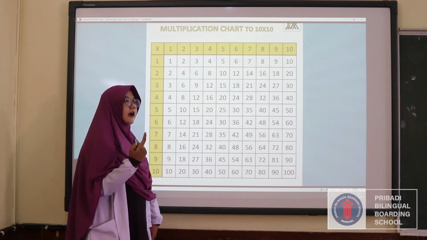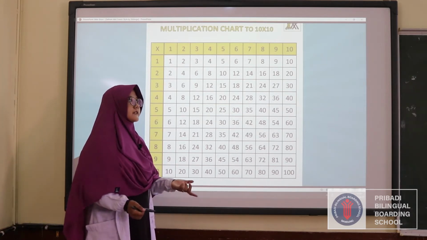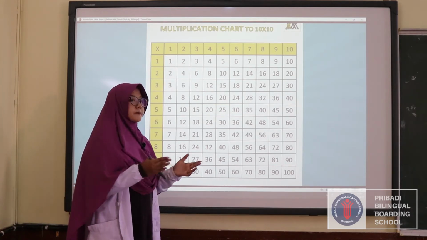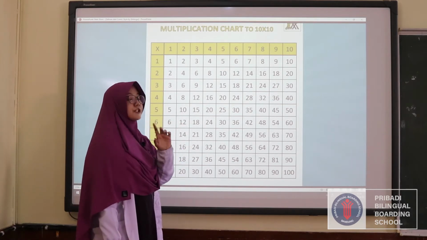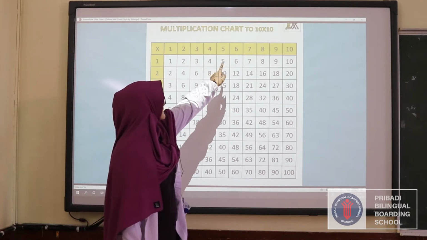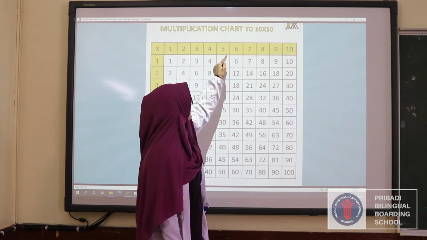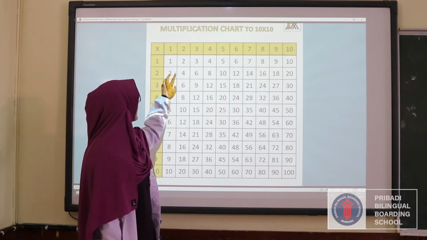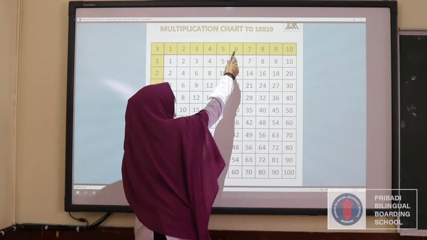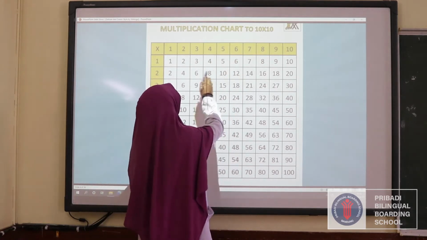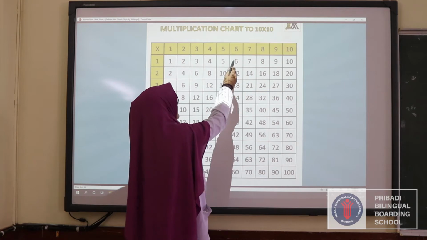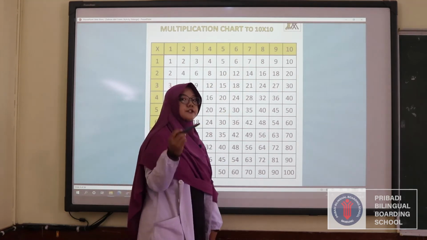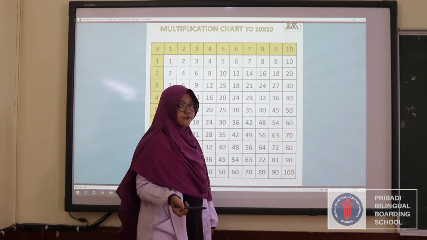So when I have a question for you, like for example, 6 multiplied by 2, what you need to do is look at the 6 in the row and then go down and look at the side, which is in the column, and find 2. So here, 6, go down, and then 2 here. It means that when we have 6 multiplied by 2, the answer will be 12.